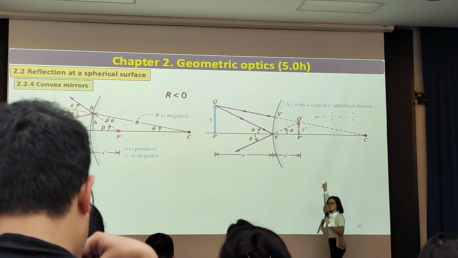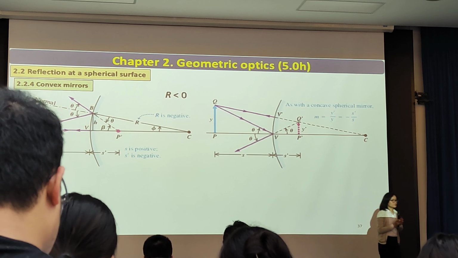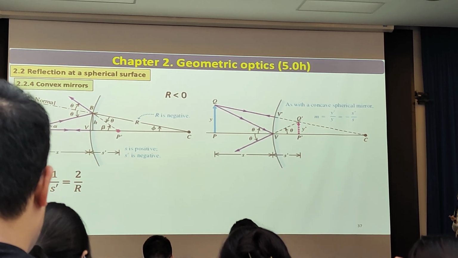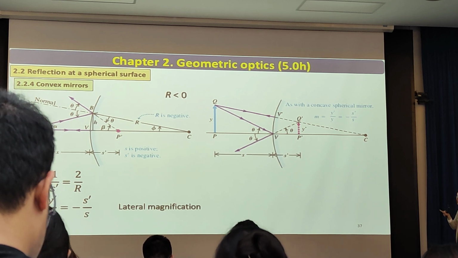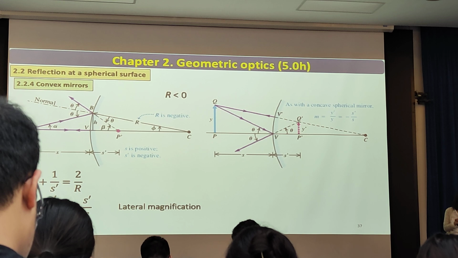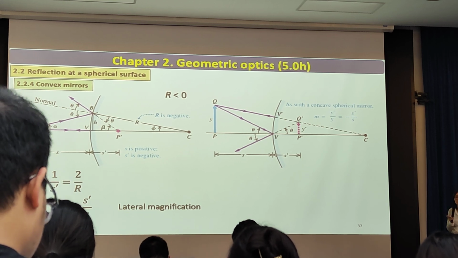That's why you have negative radius of curvature. And also, you use the same formula, 1 over S plus 1 over S prime equals 2 over R, and you have the same formula for lateral magnification for the concave and the convex.